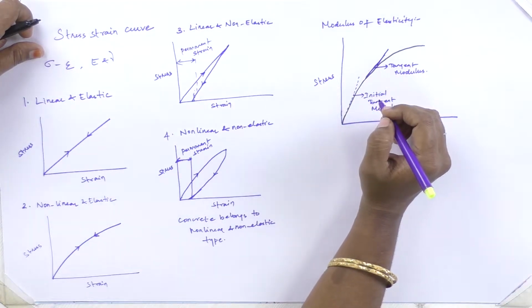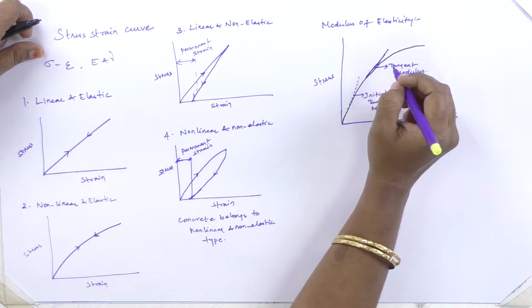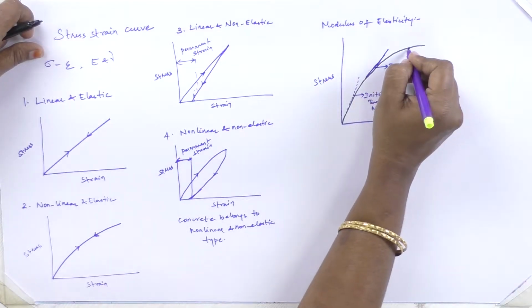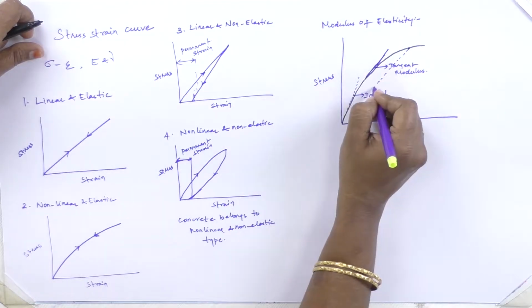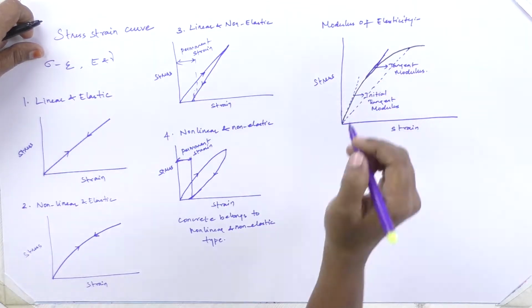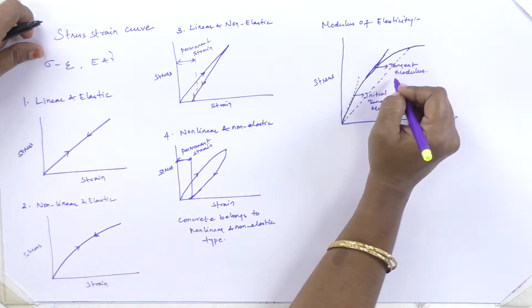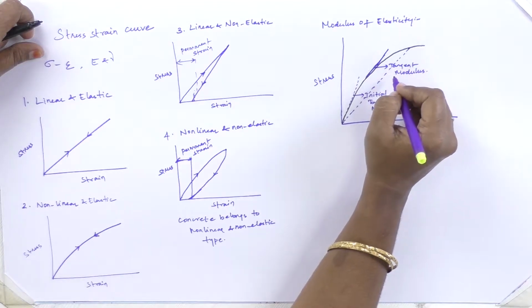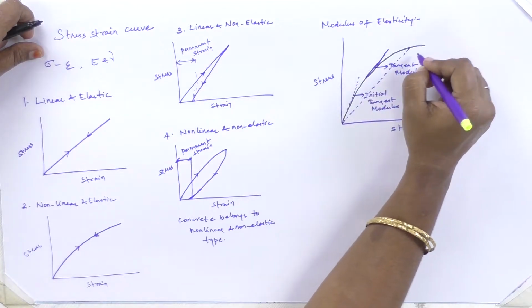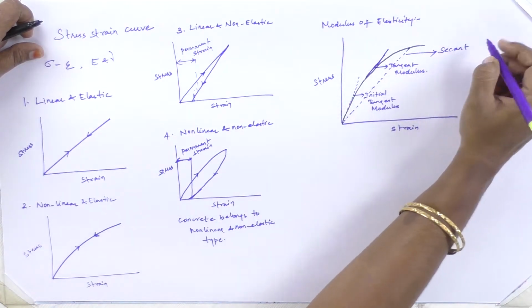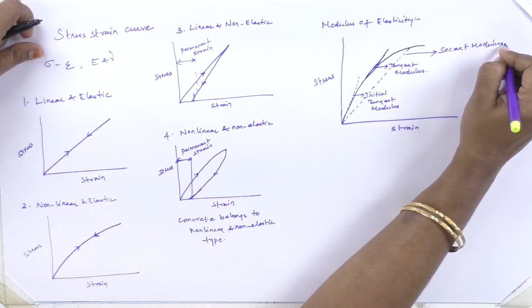And the next way of determining the modulus of elasticity is, I am choosing a point somewhere here and drawing a line to the origin, and if the modulus of elasticity is measured with respect to the slope of this line, then it is called secant modulus.